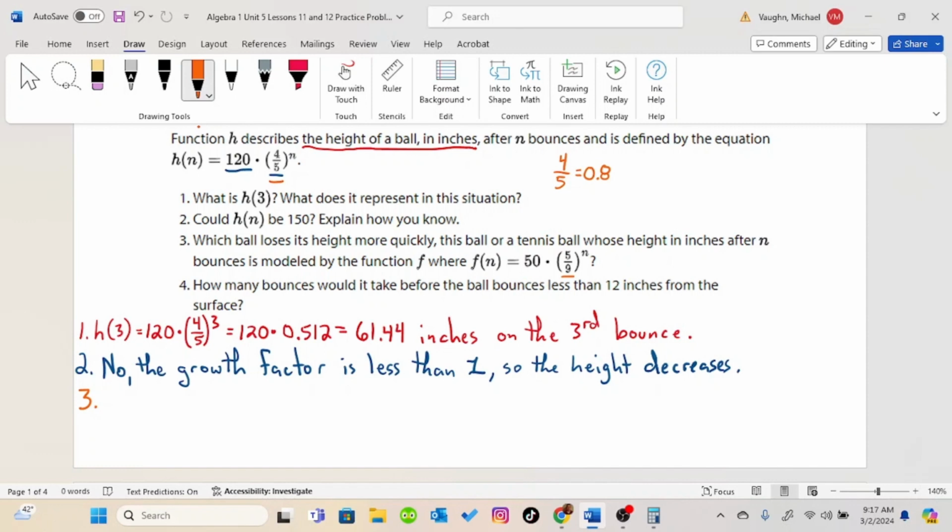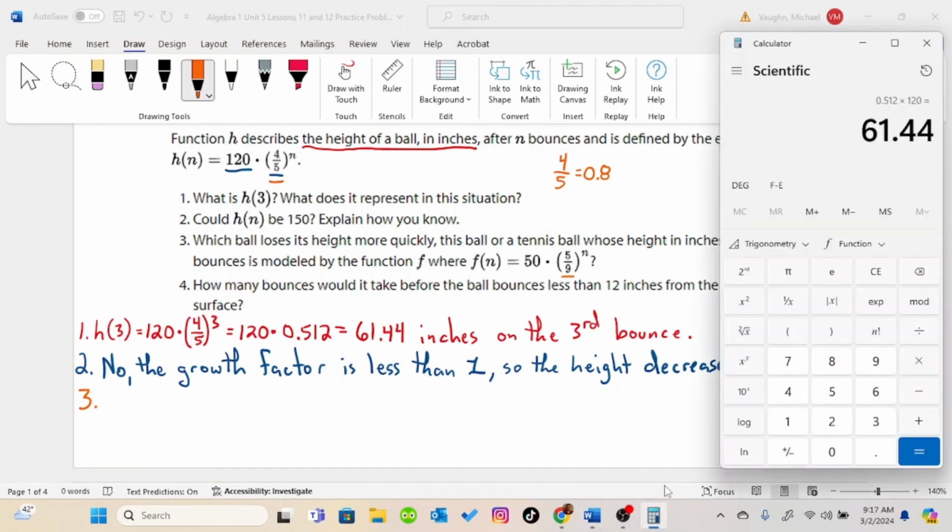Now we need to look at 5 over 9. 5 divided by 9 equals 0.5. We can round that to 0.6.